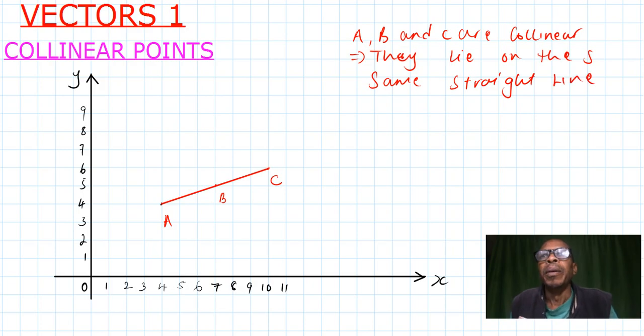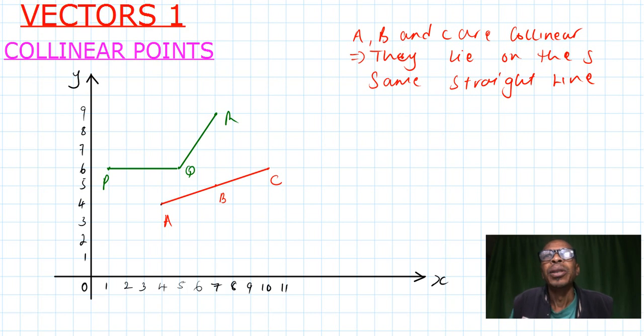Now we can take other points. For example, we can take this point here and call it P. We can take another one here, Q, and another one here, R. You find that P, Q, and R, you cannot join with a straight line. If you join the 3 points, you come up with that kind of line, the 2 lines.